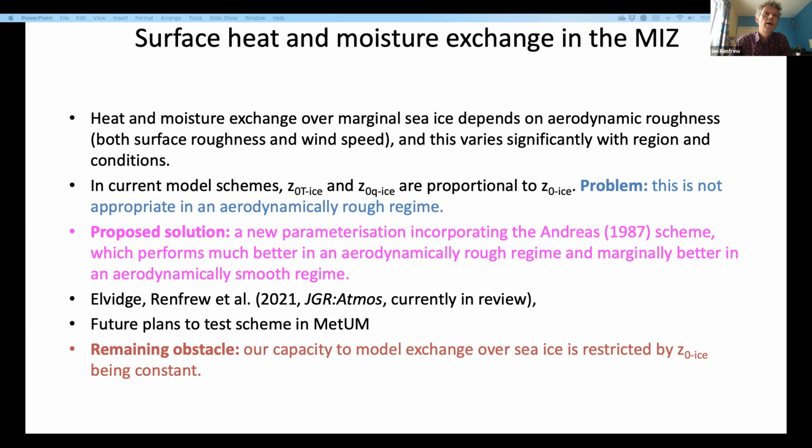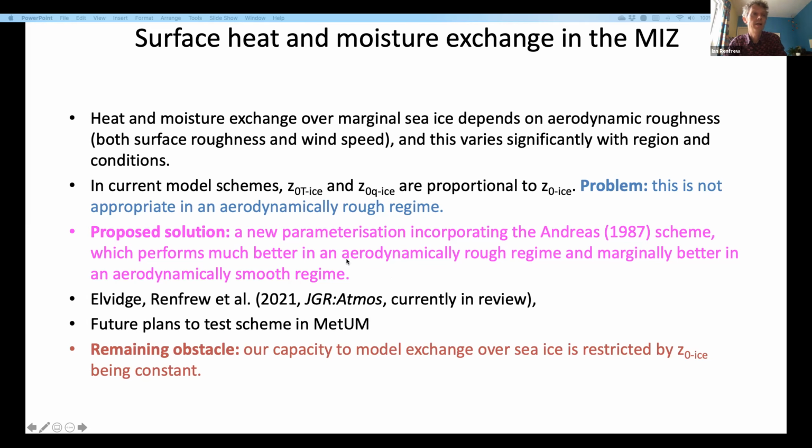So we've proposed a solution, which is in the magenta coloring here, which incorporates this theoretical idea, this conceptual model from Ed Andreas. And we've proposed turning that conceptual model into a parameterization scheme, which allows for both the smooth and the aerodynamically rough regimes.